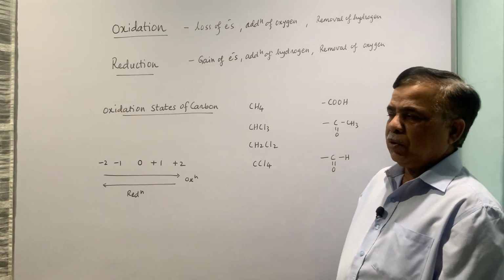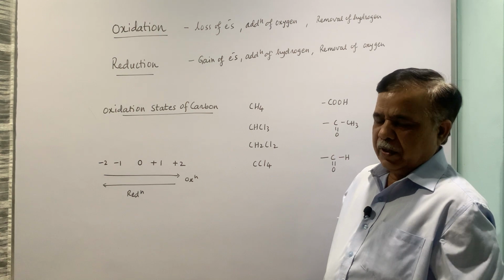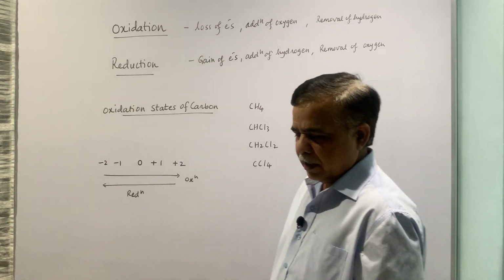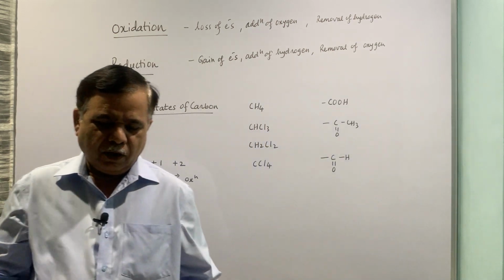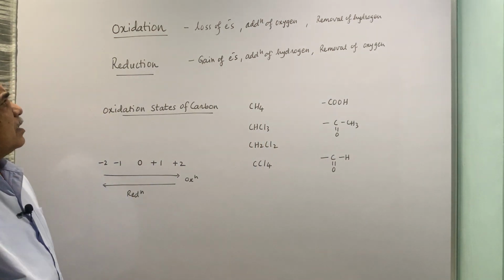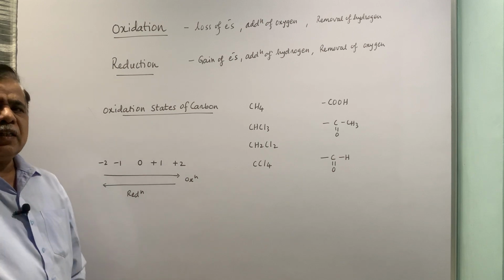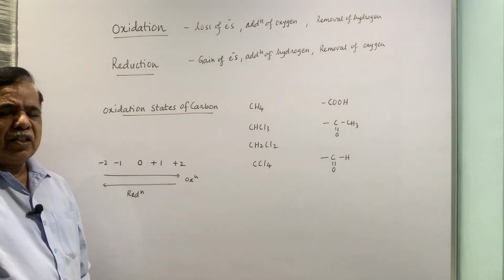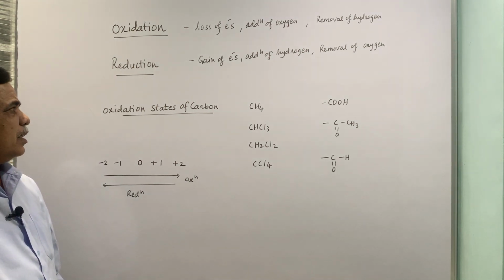Hello and welcome to this lecture wherein we are going to start with a new chapter, that is oxidation and reduction in organic synthesis. So first of all, the classical definitions of oxidation, reduction, oxidizing, reducing agents.